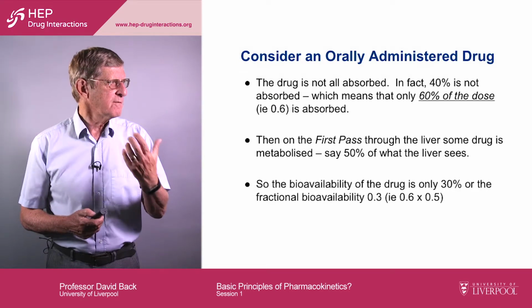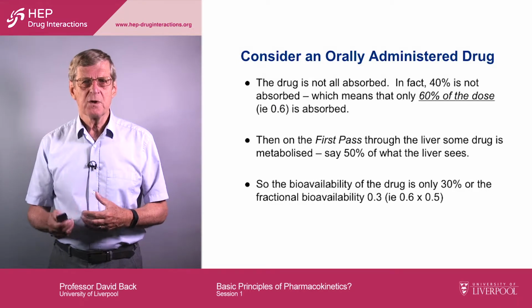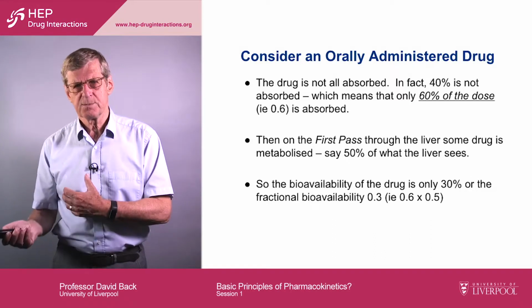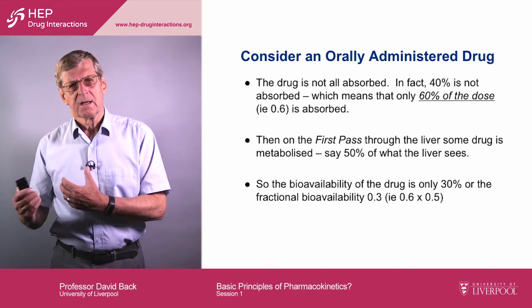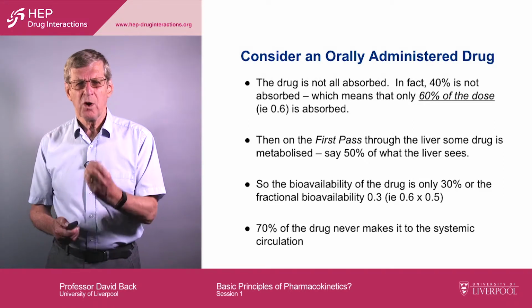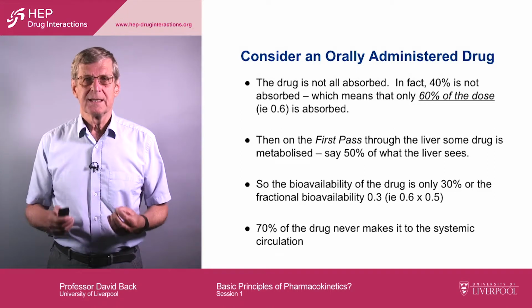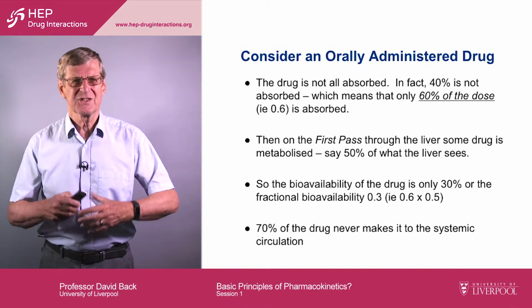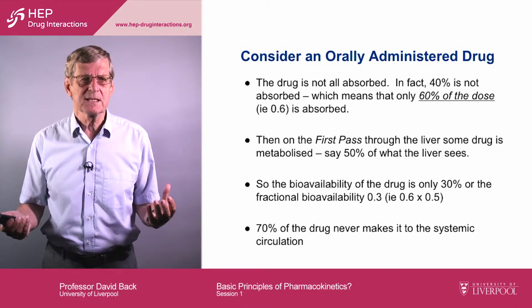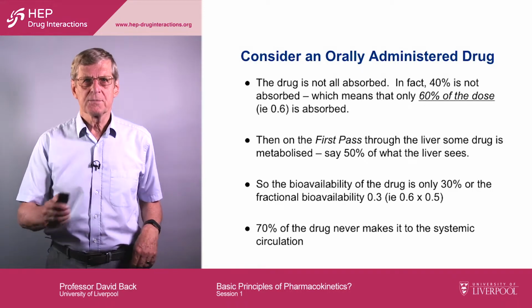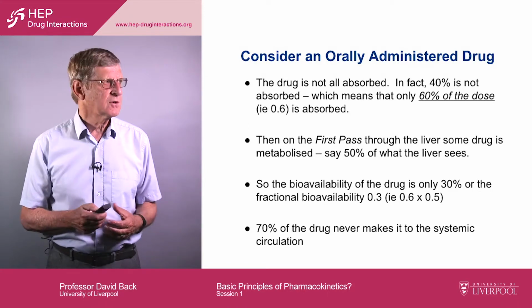So the bioavailability is only going to be 30%. That is 0.6 times 0.5, 0.3, which is 30% of the drug. So 70% of what you actually took in the tablet doesn't get into the systemic circulation. Maybe that's an extreme example, but it's just illustrating what the concept of bioavailability and loss of drug is.